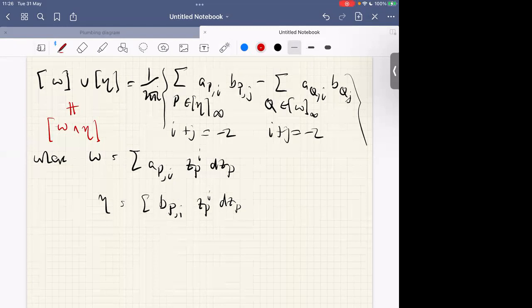So for surfaces, I don't know of a general such multiplicative description.